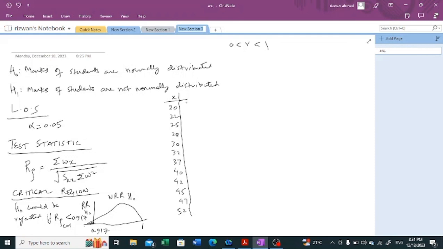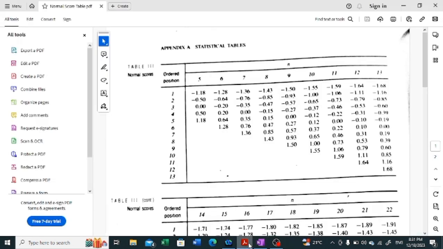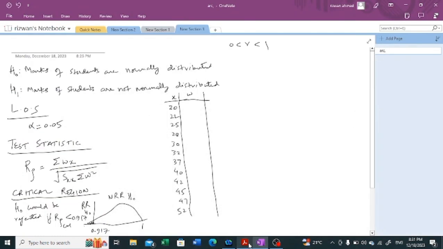Now what we do, we will copy over here the normal scores from the 12th column: minus 1.64 and minus 1.11.